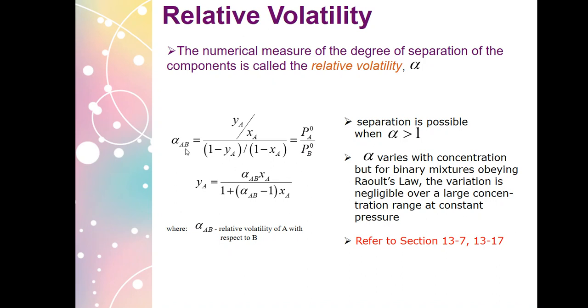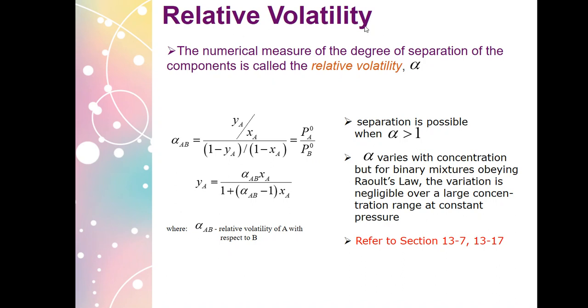Now, should we interchange the manner of writing the subscripts for relative volatility, it changes everything, because it changes the way we take the ratio of the two, whether it's mole ratios, mole fractions, or pure vapor pressures that we are using. If this is alpha sub BA, then this should be the pure vapor pressure of B divided by the pure vapor pressure of A.